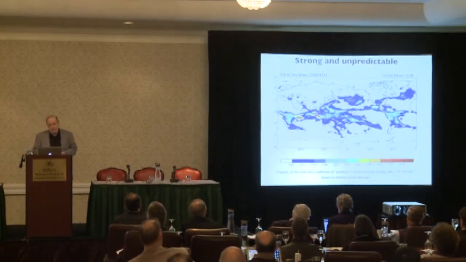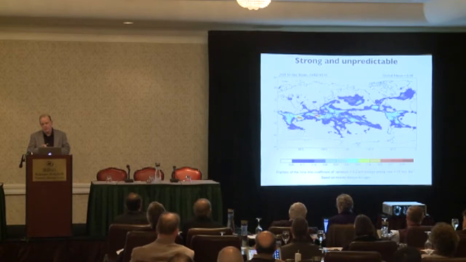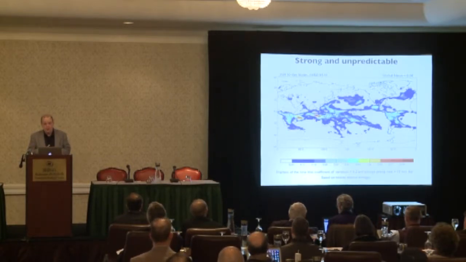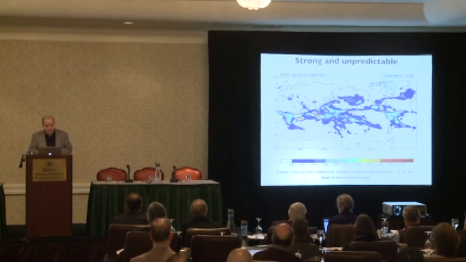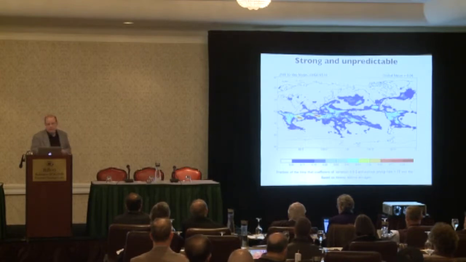Now, I said earlier that this is going to be interesting if there are cases in which the precipitation is strong and also unpredictable. So this slide is supposed to sort of show you where that is happening. We're looking at the same 10 days with 10 CRMs. And what's plotted down here is the fraction of the time, 0 to 1, that the coefficient of variation is bigger than 0.2.